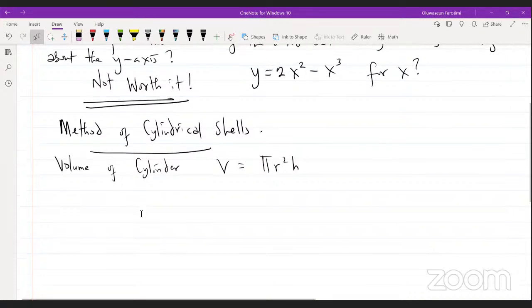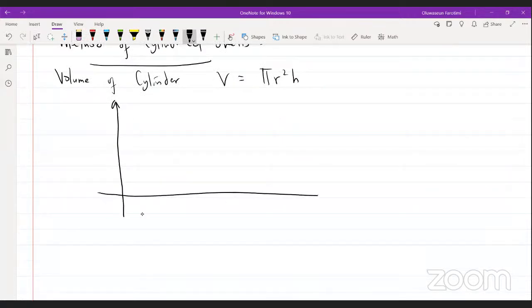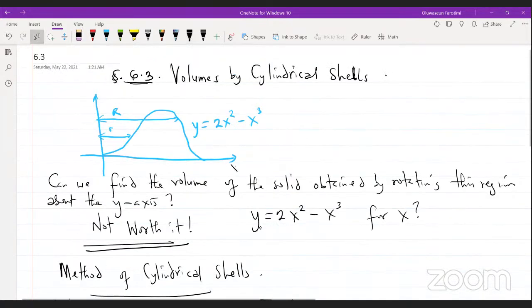So I'm going to draw a curve that looks like what I started with. This is the x axis, this is the y axis.